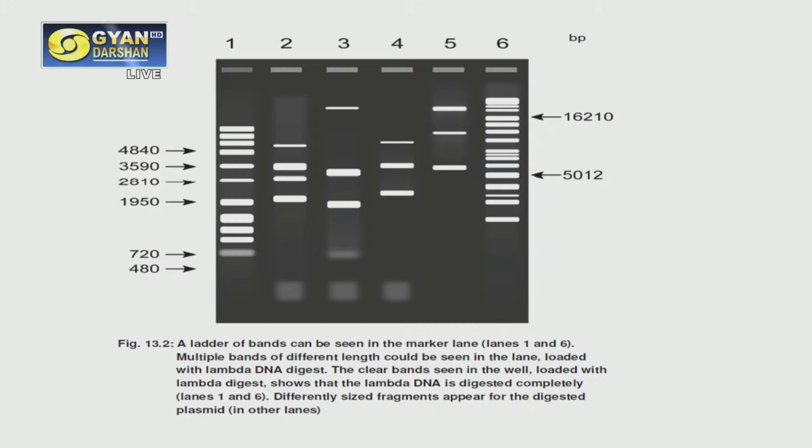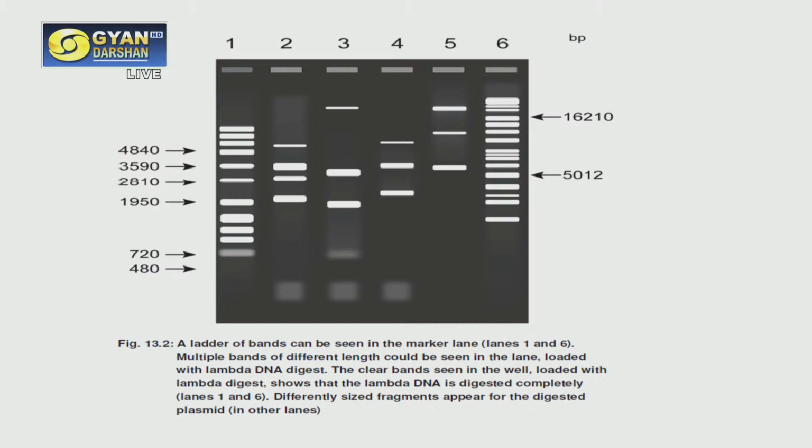Usage of this marker implies that there are certain fragments which are already there of known molecular weight, like 4840, 3590, as you can see on the left side, 2810. These are the fragments which are already known. So you can compare your fragment with respect to these fragments, and you will be able to understand what is the size of your fragment that is released from your plasmid DNA.